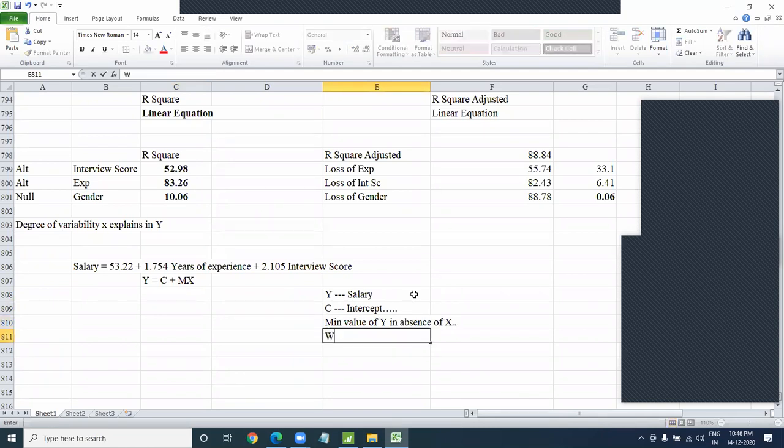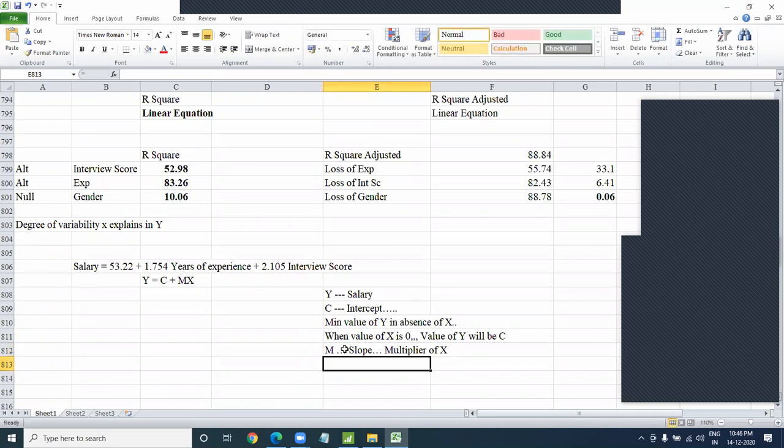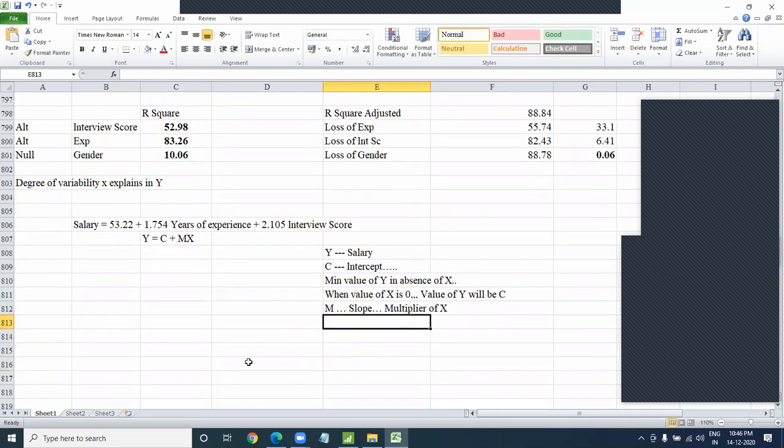Bottom line, when the value of x is 0, the value of y will be c. M is, in the language of statistics, the slope, but in simple layman's language, it's a multiplier of x, and x is x. Simple.